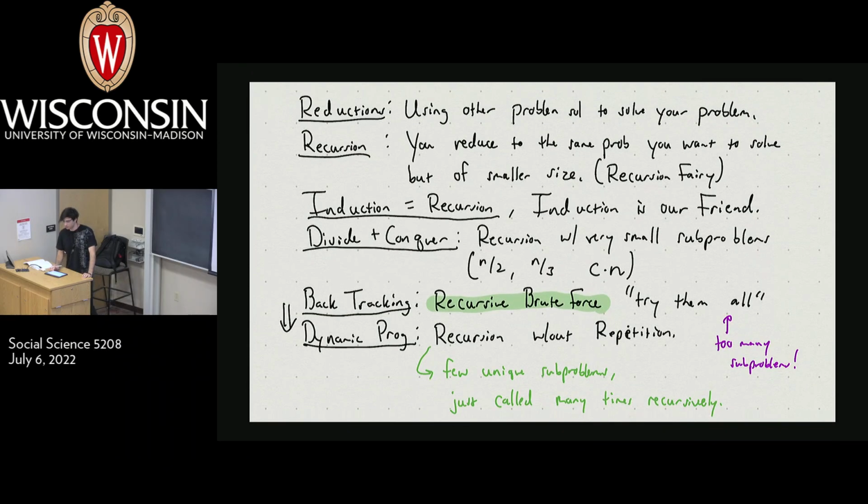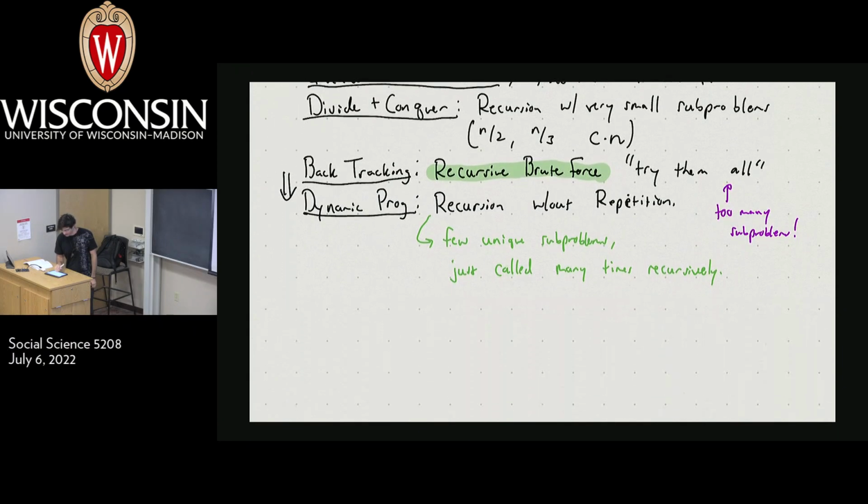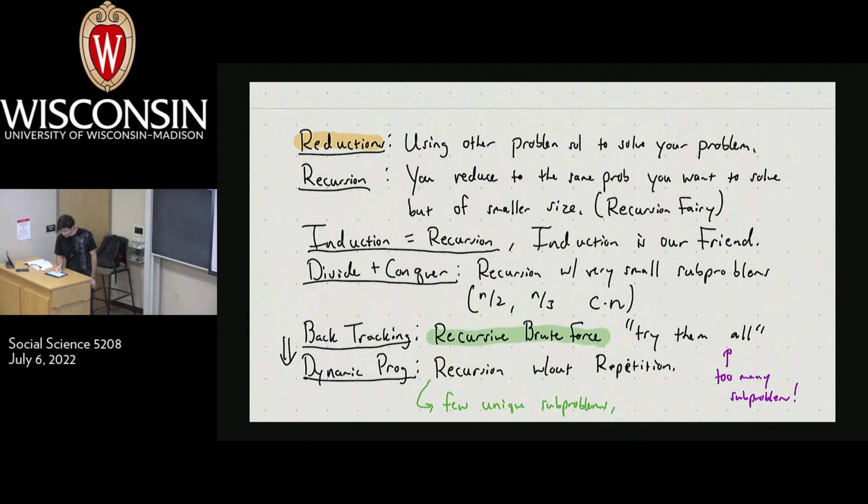So other questions about what we've done up to this point? The most important one is reductions. I keep emphasizing this because we're not always directly using reductions. Usually it's kind of implicit. Recursive algorithms are reductions of a certain type, but they're not the most general type.